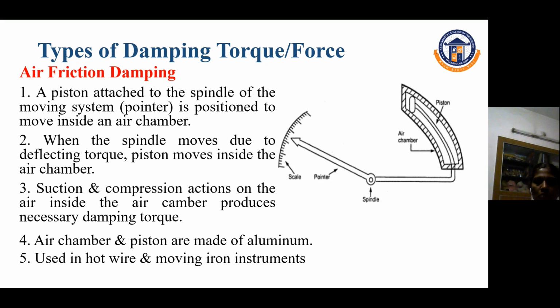So when the spindle moves due to the deflecting torque, the piston moves inside the air chamber. Suction and compression actions on the air inside the air chamber produce the necessary damping torque. This air chamber and piston are made of aluminium, used in hard wire and moving iron instruments.